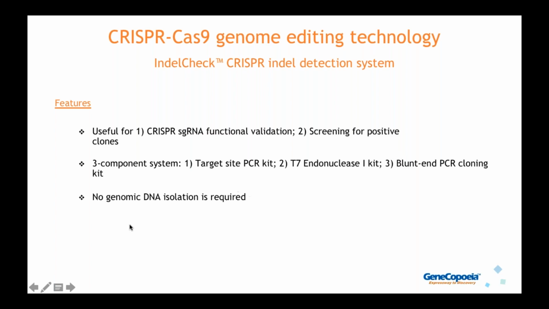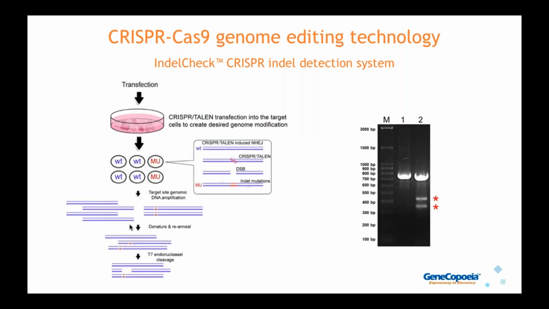And one nice feature is that no genomic DNA isolation is required. You can just lyse your cells and then do the PCR and the T7 step in the lysate. So this is how the T7 endonuclease 1 assay works.